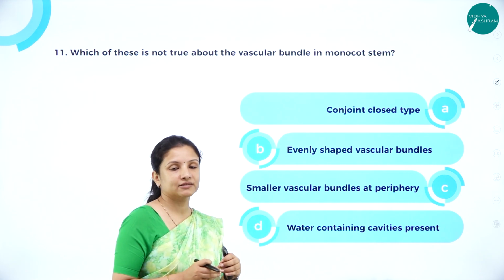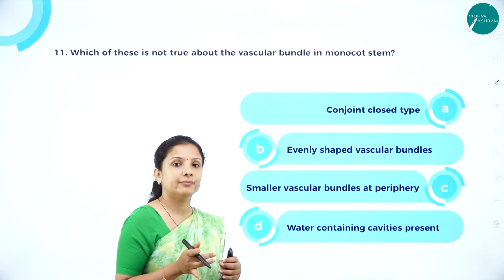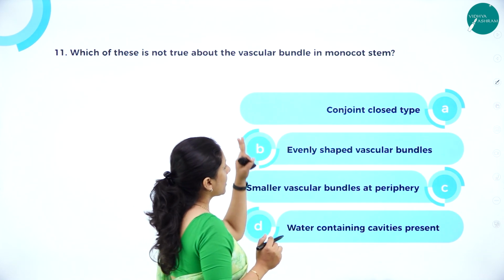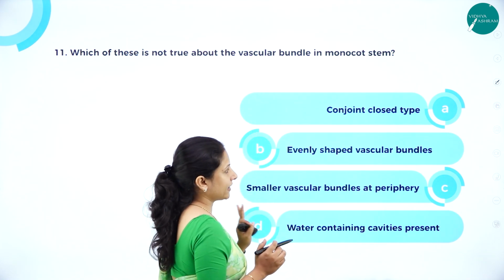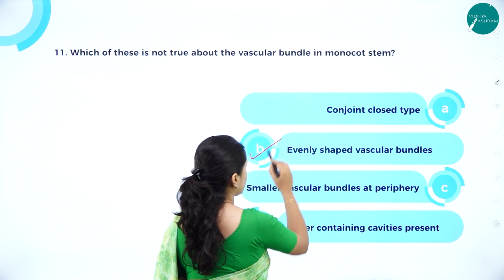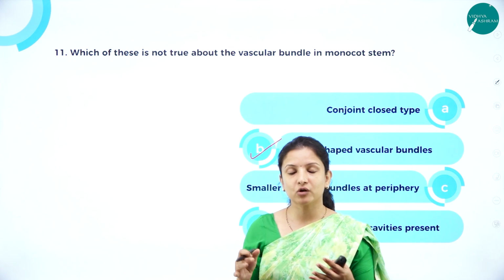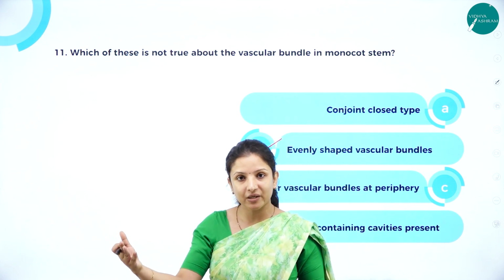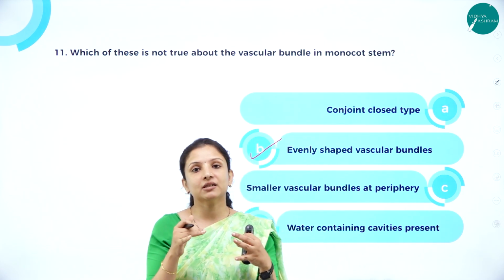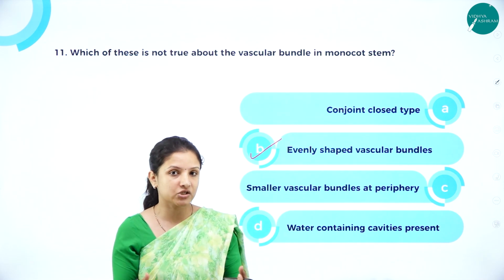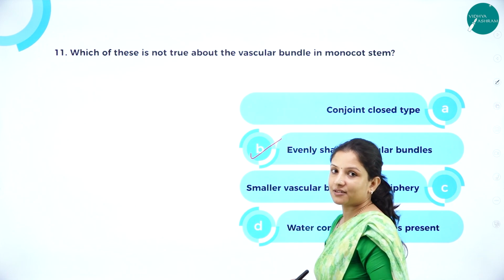Yes, inside the vascular bundles, they have water containing cavities. So, therefore, A, C and D are not the right answer. The right answer is option B, because they do not have evenly shaped vascular bundles. The vascular bundles towards the periphery are smaller, and the vascular bundles situated at the center towards the pith are larger in size. So, option B is the right answer here.